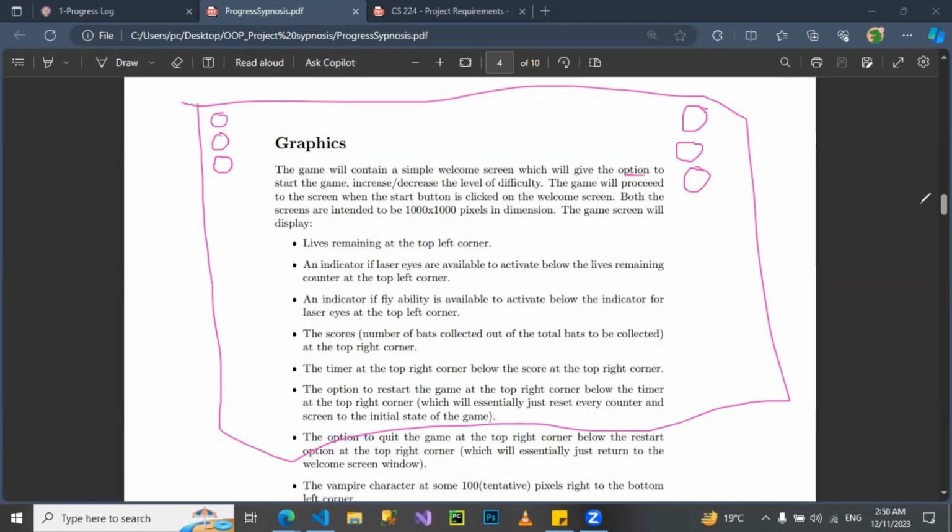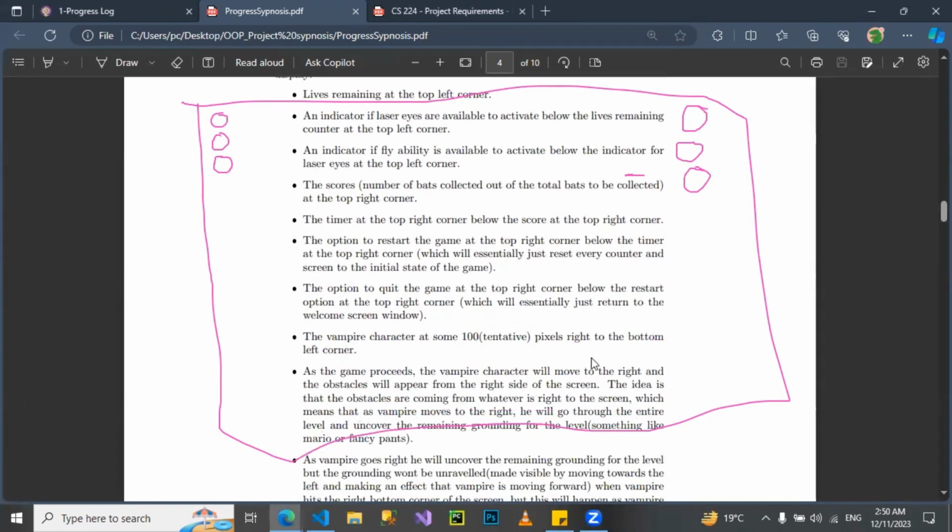Moving forward, the vampire character cannot move in this entire 1,000 pixel frame. The vampire character can only move between pixel 300 from the bottom left corner and pixel 300 from the bottom right corner.